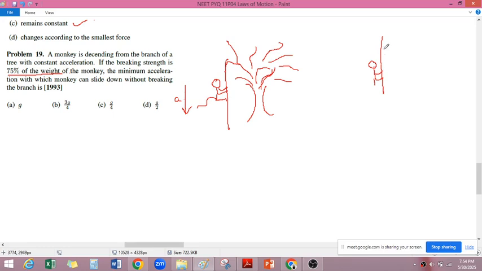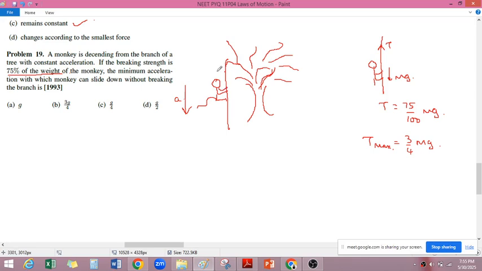So that means the tension here, so T is equal to 75% of the mg. So this itself will break this. So that means 3 by 4 mg. So this is the maximum tension it can take.